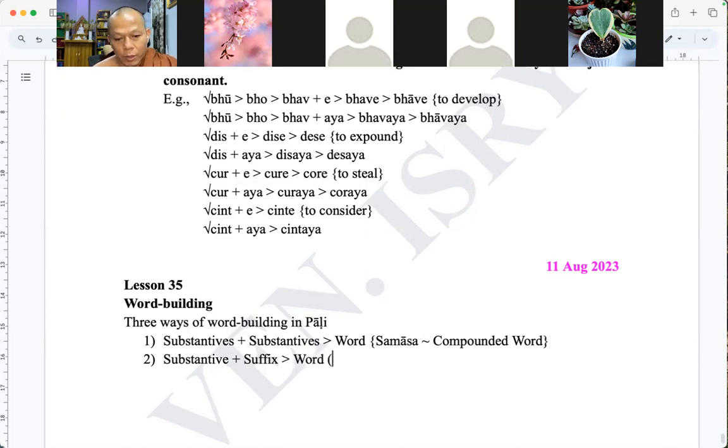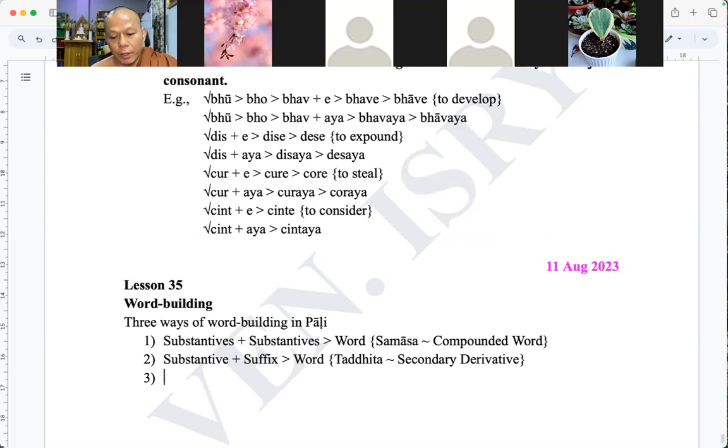That is what we call taddhita, the secondary derivative.